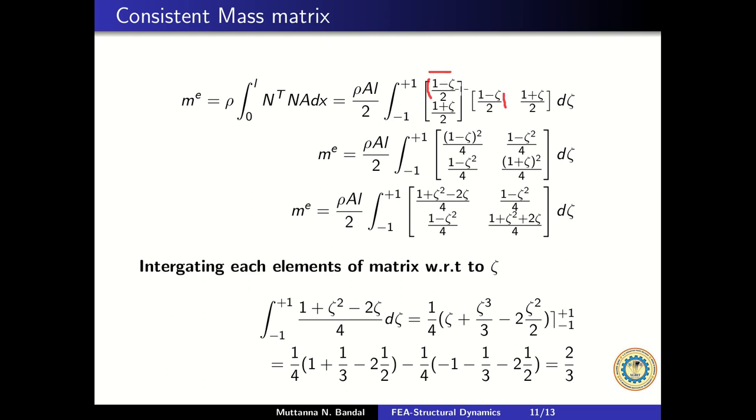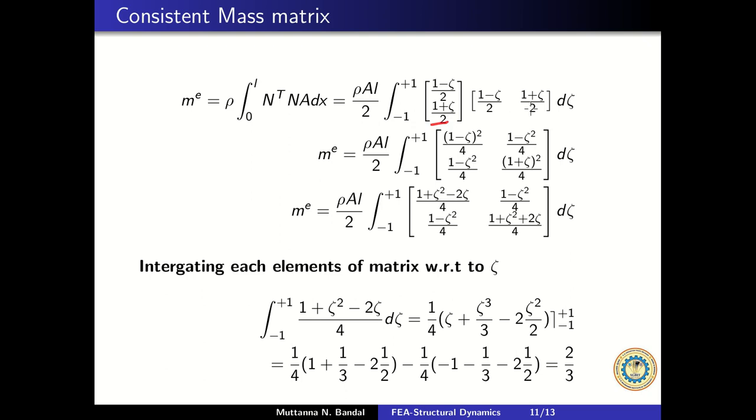So this term into this term will give 1 minus zeta whole square, 2 into 2, 4. Similarly, this term into this term will give 1 minus zeta into 1 plus zeta, divided by 2 into 2, 4. Similarly, multiply 1 plus zeta by 2 into 1 minus zeta by 2, so we will get this term.